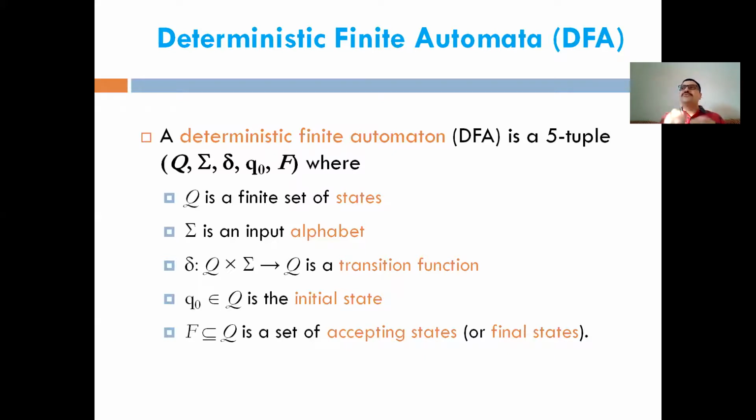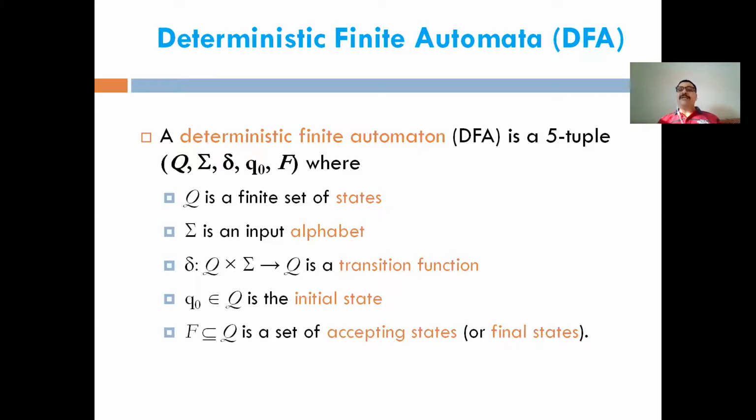All these Q0 to Q5 states belong to the symbol capital Q, means Q is a set of states. And second one is sigma. Sigma is the input alphabet. Suppose the input is A, B, 1, 0, whatever. So this 0 or 1 or A or B belongs to the sigma.